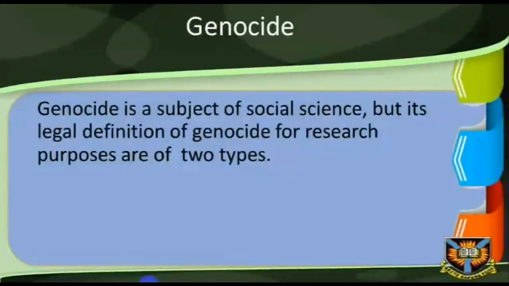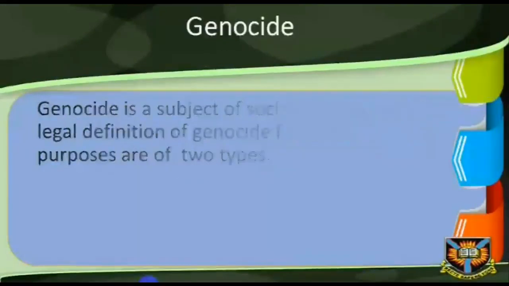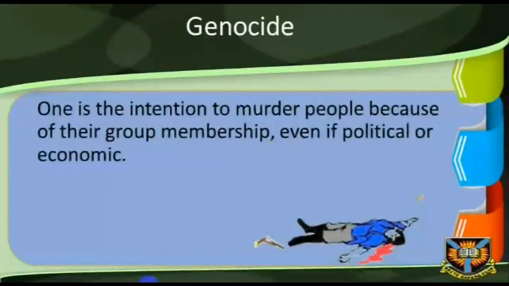Genocide is also a subject of social science and scholarly study, but its legal definition does not easily allow for empirical and historical research. For this reason, the definition of genocide for research purposes has, in essence, been of two types.